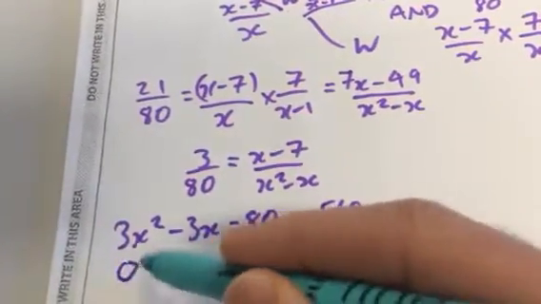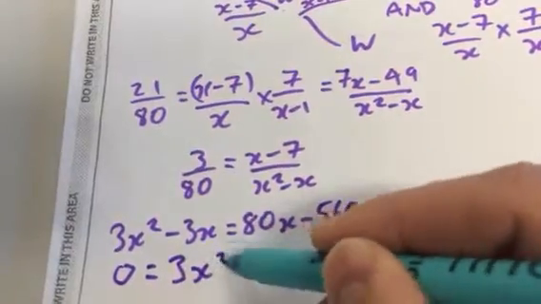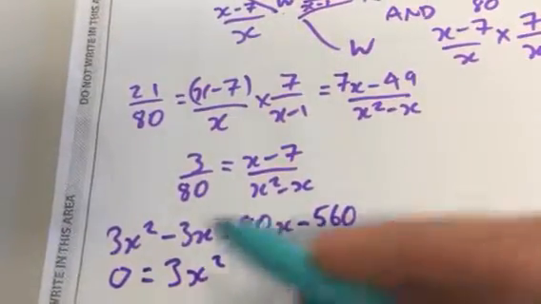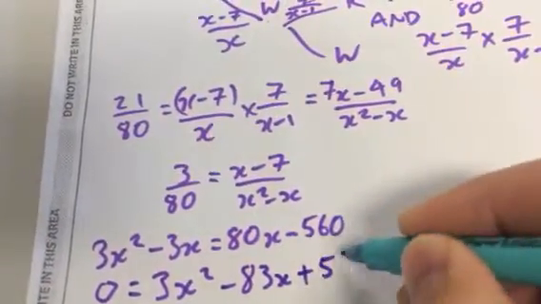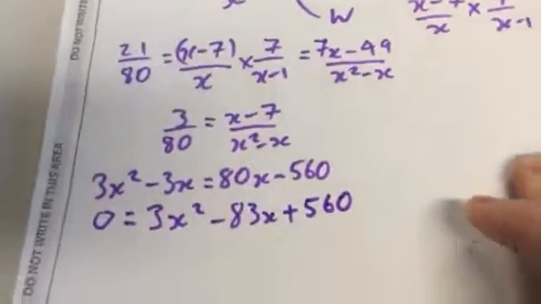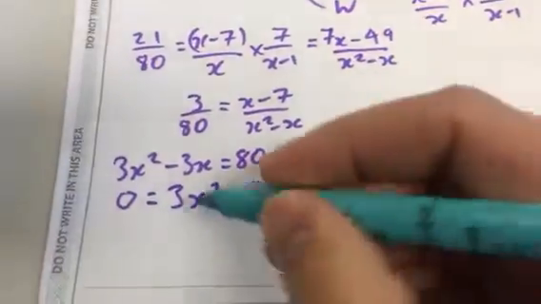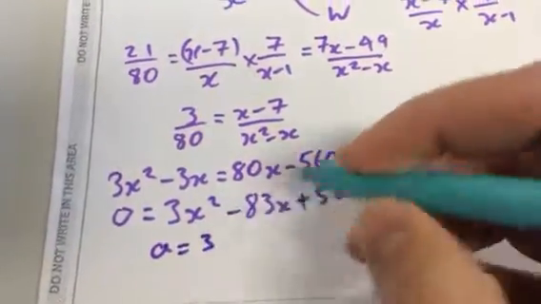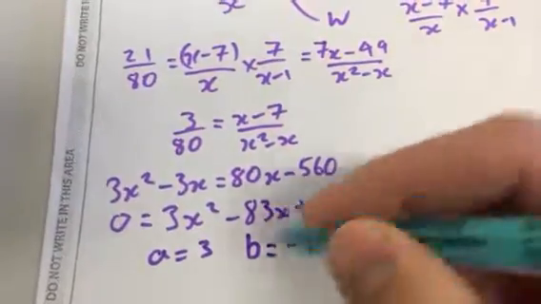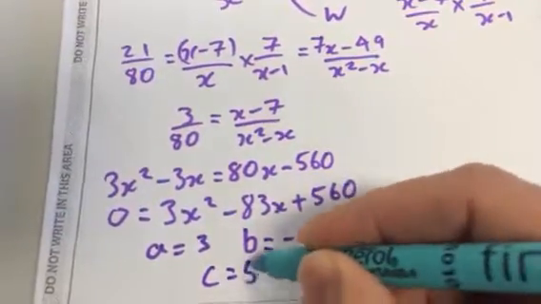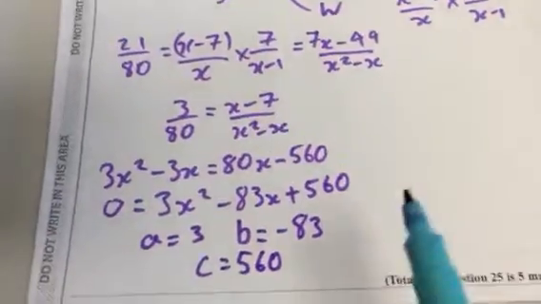Now let's set up a quadratic. 3x squared, minusing that 80, minus 83x, and then plus 560. It is a calculator paper, so I'm going to use the quadratic formula here, where a is 3, b is minus 83, and c is 560.